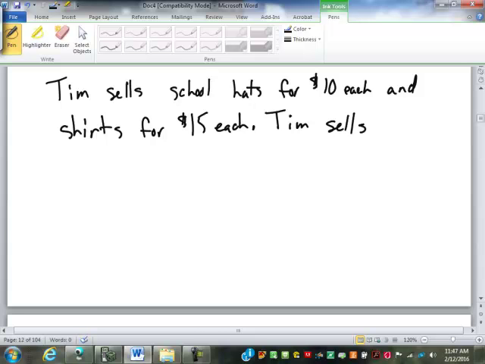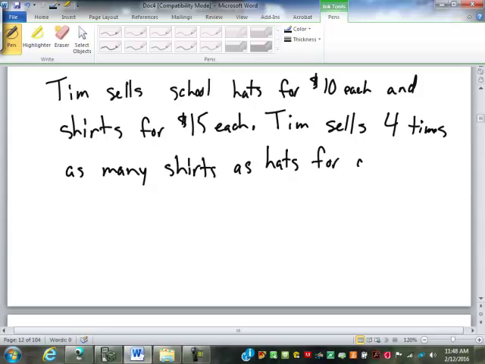Tim sells 4 times as many shirts as hats, for a total of $700.